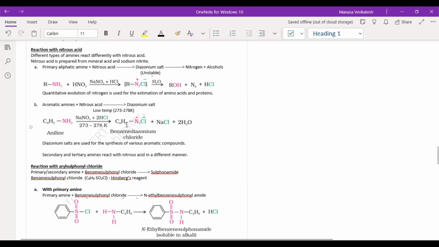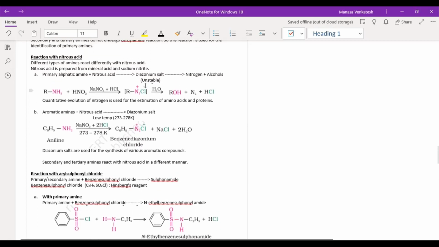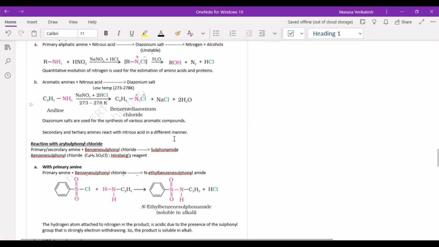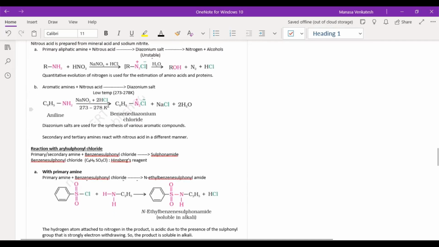Normally you would have learned about the diazonium salts, but because it has been excluded from your syllabus this year, you do not have to learn about that in detail. Now, secondary and tertiary amines will also react with nitrous acid in a different manner. So reaction with nitrous acid is also used for us to differentiate between aromatic and aliphatic amines as well. And not only that, it is able to differentiate between primary aliphatic, secondary as well as tertiary amines.